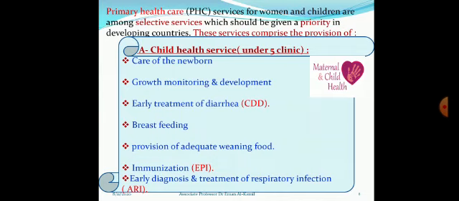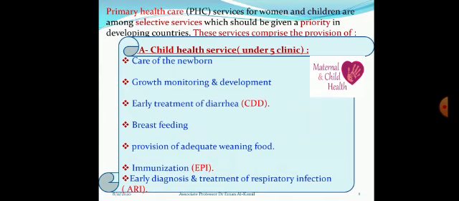Also, the provision of adequate weaning food. We advise the mother when to wean the child, because breast milk will provide the child with good nutrition and immunity, especially for the first 6 months.